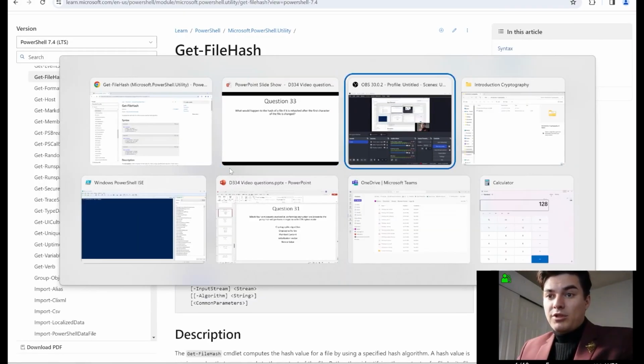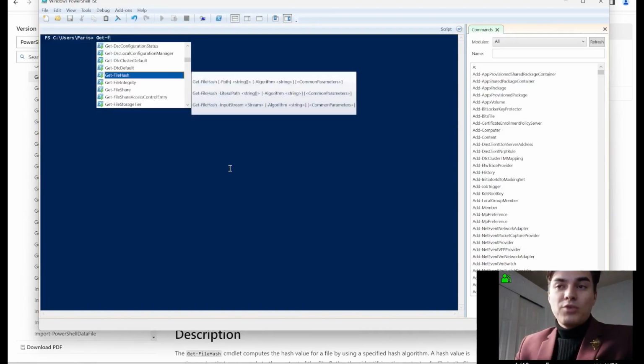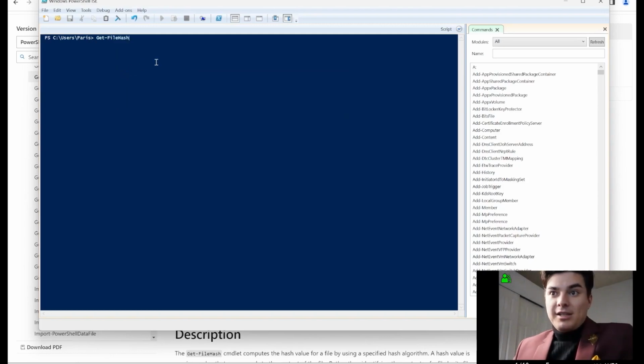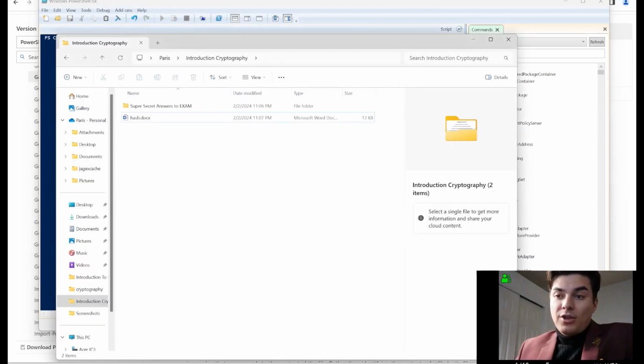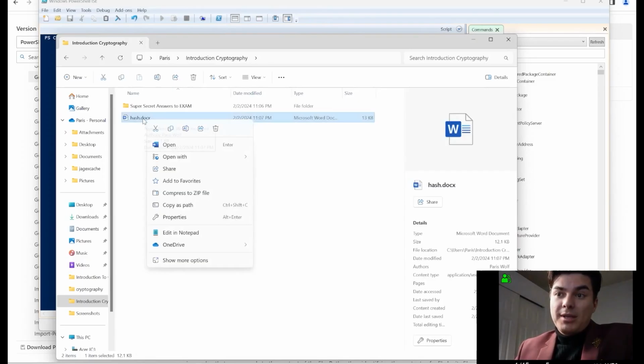So now we're going to go over to PowerShell and type in Get. As we start to type it in, I'm using the PowerShell ISE, and it starts to fill it out for us. You can click on there. And now the path. If you're not exactly sure where the path is, you can go into the folder, find the document that you want to hash. In this case, we're going to use this Word document.